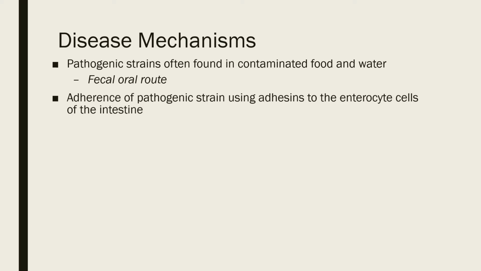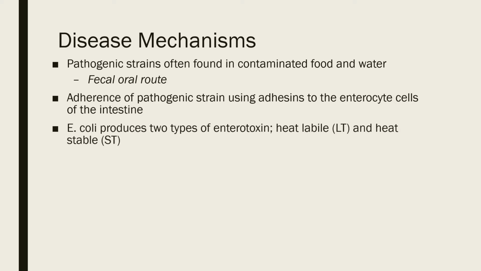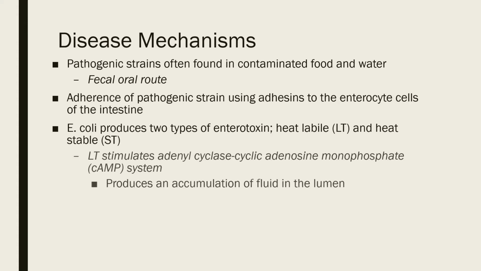The pathogenic strain of E. coli would adhere to enterocyte cells using adhesins. So the pathogenic strain of E. coli that causes gastroenteritis produces two types of enterotoxins, a heat-labile and heat-stable enterotoxin, LT and ST. So LT stimulates the adenyl cyclase cyclic adenosine monophosphate system.